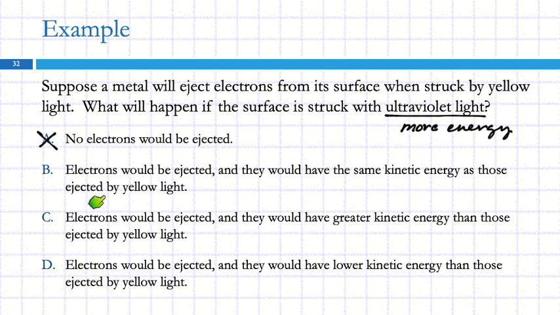So the rest of these are all really similar. Electrons would be ejected. They would have the same kinetic energy, greater kinetic energy, or lower kinetic energy. They're going to have greater kinetic energy. The light that's coming in has more energy than needed to eject the electron. So the electron goes away with more kinetic energy.